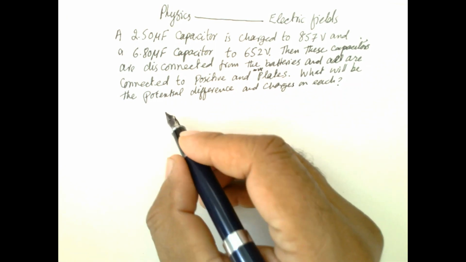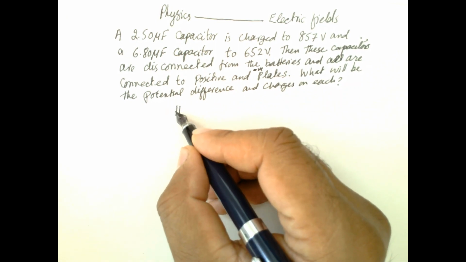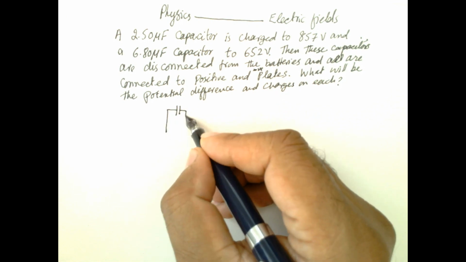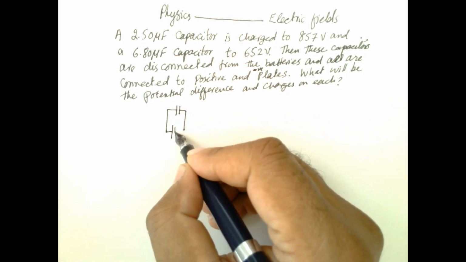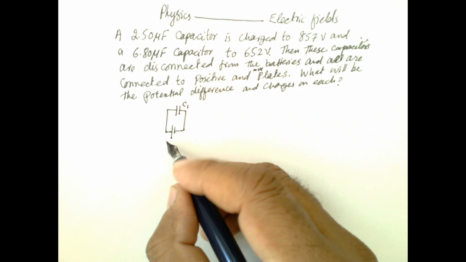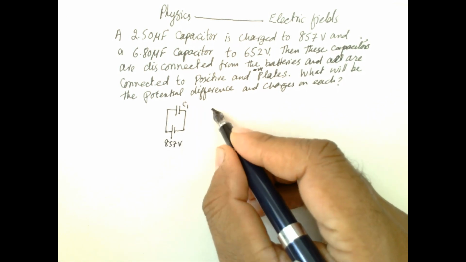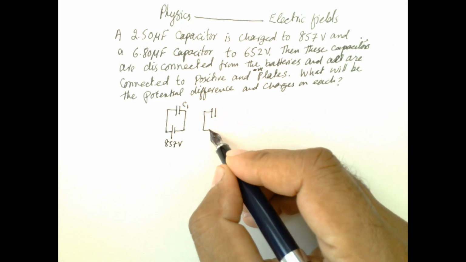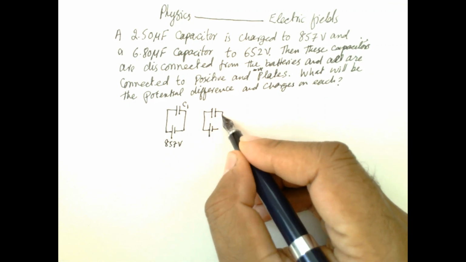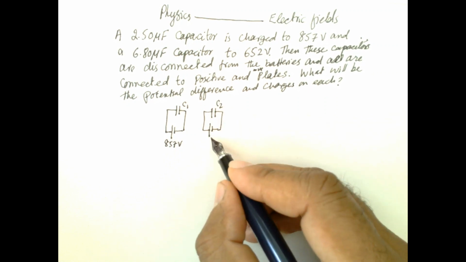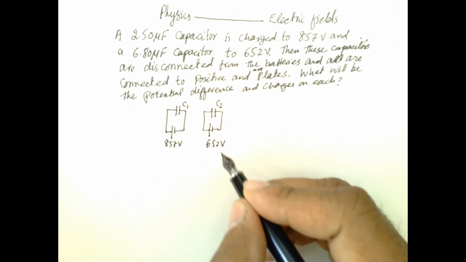So first of all, C1 is connected to a battery of 857 volts, and C2 is connected to a battery of 652 volts.